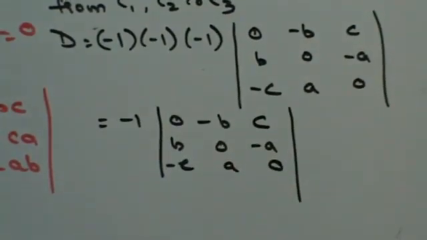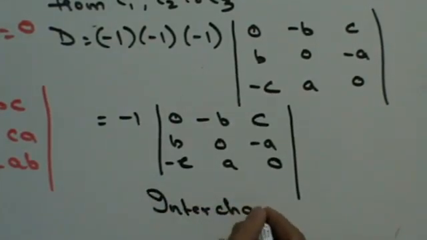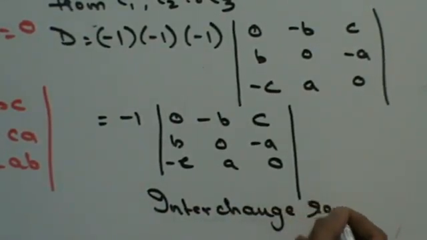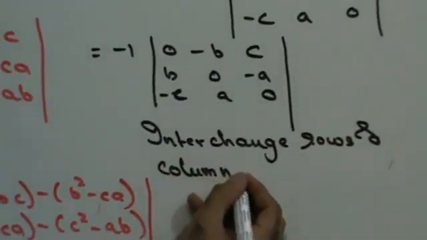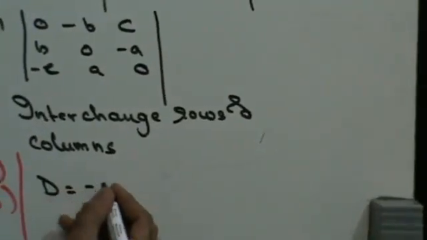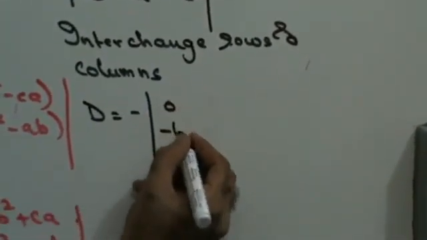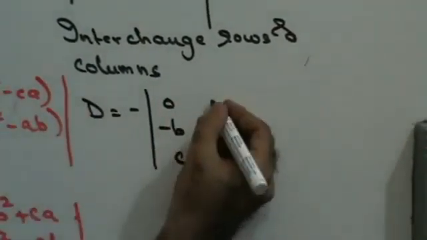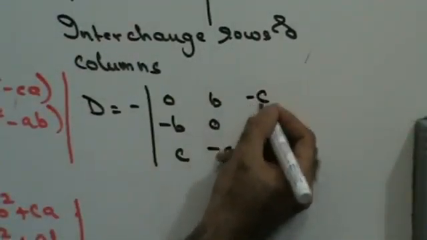Right? Now, interchange rows and columns. If I interchange rows and columns, then D will become minus, the first row will become the first column, the second row will become the second column, the third row will become the third column.